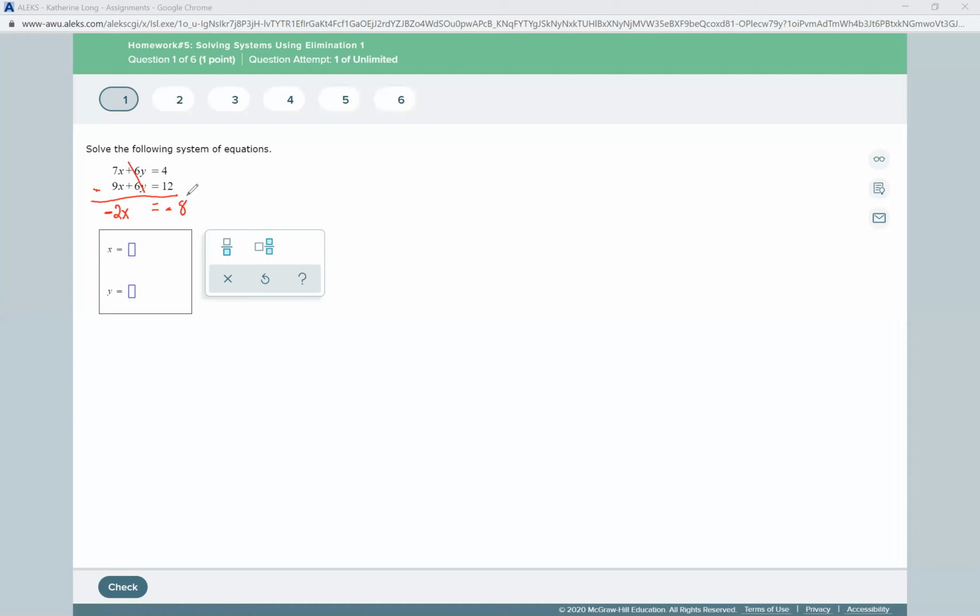So what you did when you subtracted those equations from each other, you created one equation with one variable. And since you've got that, you're going to be able to solve for x. So I'm going to divide by that negative 2. Negative 2 divided by negative 2 is 1. 1 times x is still just x, so those go away. And you're left with a positive 4. Great. So we found one part of our answer.